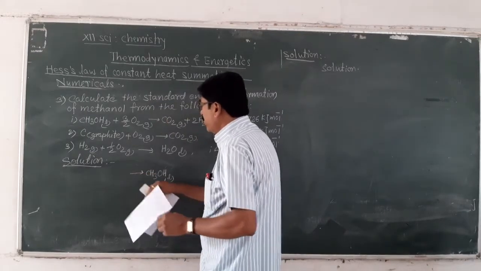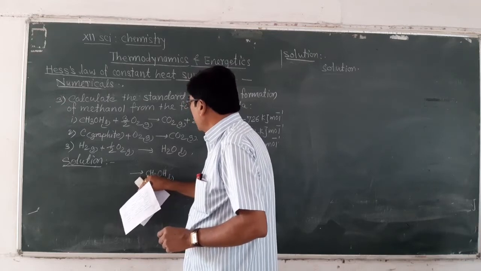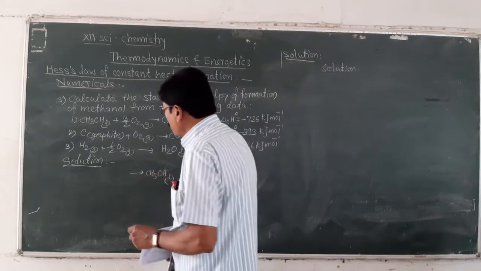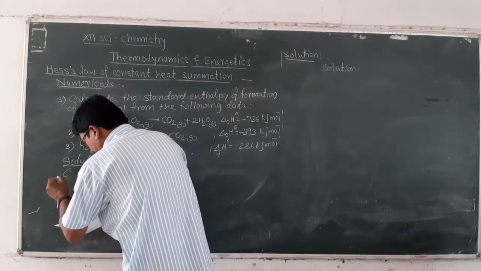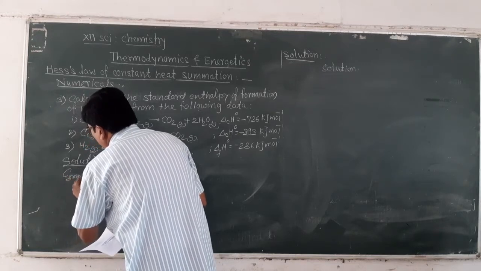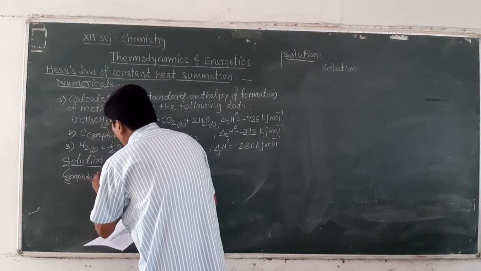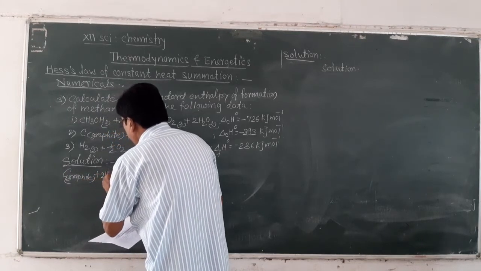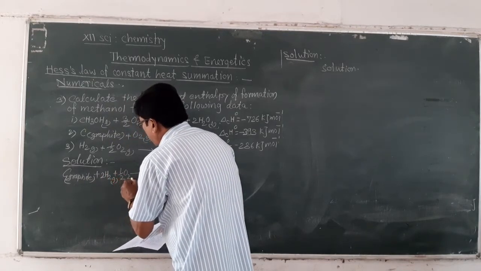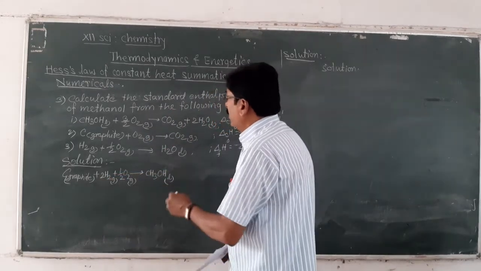And the constituent elements can be known from the molecular formula of the substance itself. There are carbon, hydrogen and oxygen as constituent elements. Carbon, graphite, plus 2H2 gas plus 1/2 O2 gas. This is the formation equation for methanol.